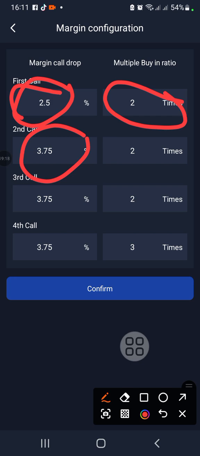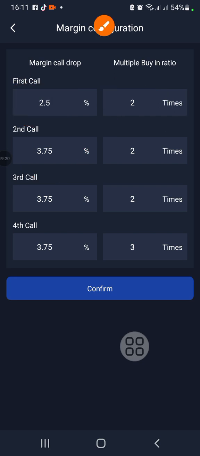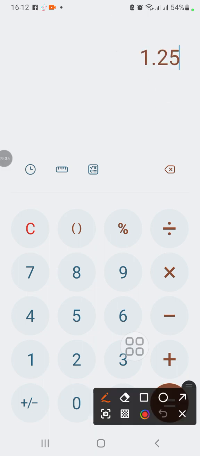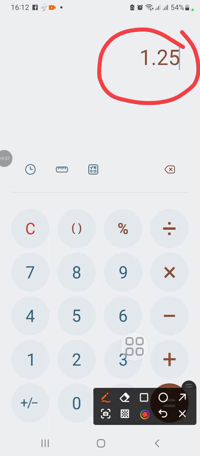Now remember that we had 3.75. So minus 2.5, it means we remain with 1.25. Okay?